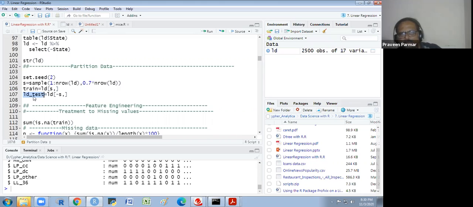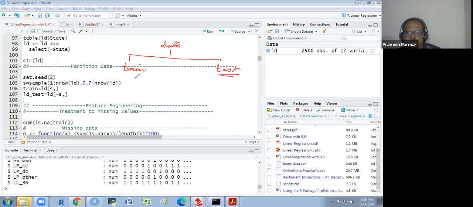I explain. At the initial stage, when we got the data, we divide it into two parts. One is the train and second is the test. Test we keep separately. And first we do the data wrangling and the feature selection process.